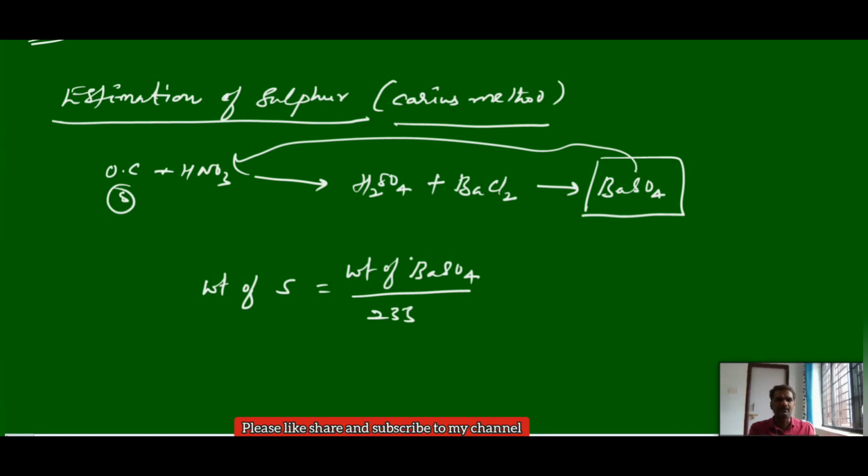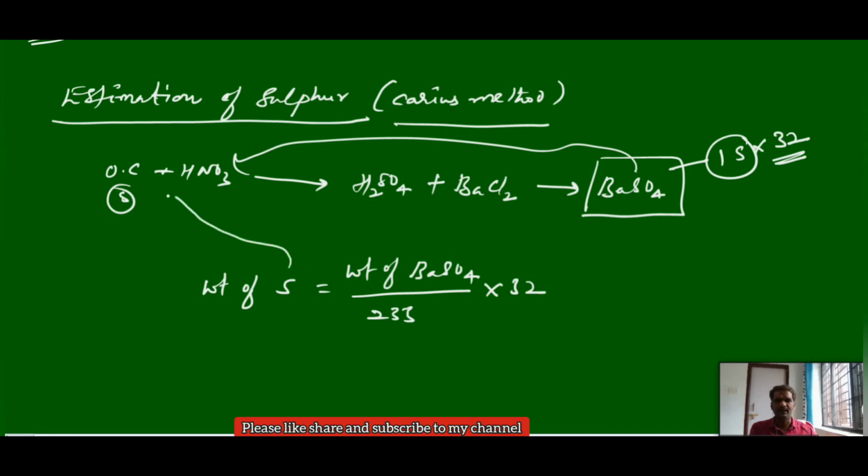Now this gives the number of moles of barium sulfate. We know that 1 mole of barium sulfate contains 1 mole of sulfur. Now we are getting the number of moles of sulfur. If you know the number of moles of sulfur, you can convert that into weight by multiplying with its atomic weight. So the weight of sulfur is the number of moles of sulfur into the sulfur atomic weight, which is 32.